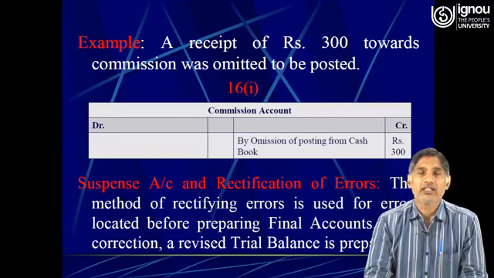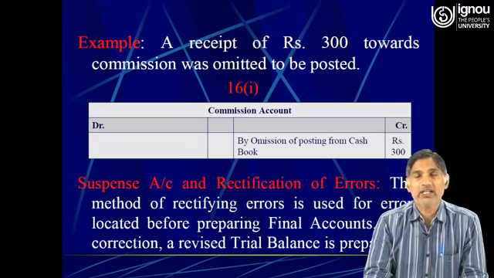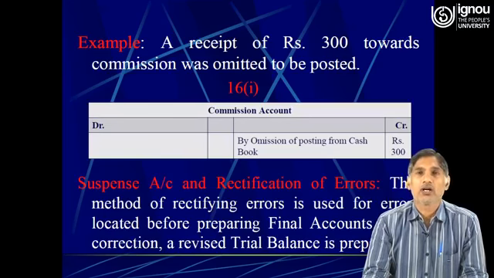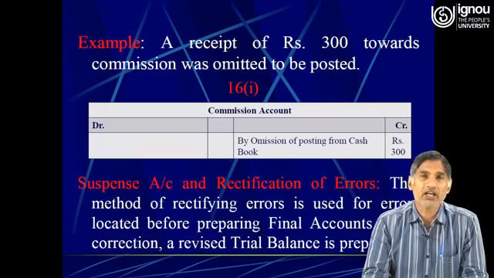So here in this journal entry, commission account has been credited by rupees 300. So what mistake was committed while making the journal entry? That we omitted to post this journal entry. So here commission account was credited in the journal entry.